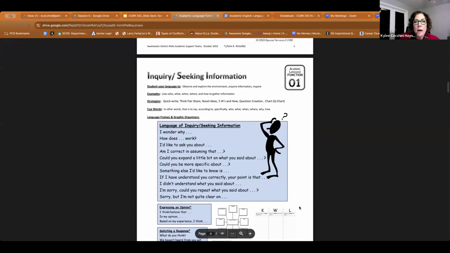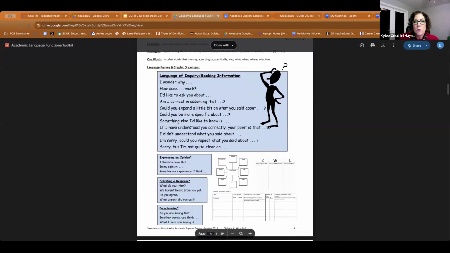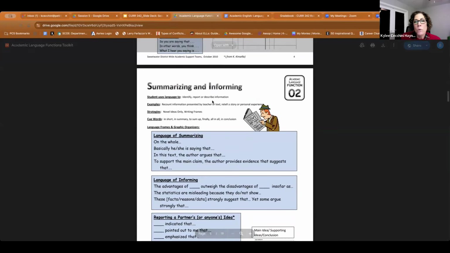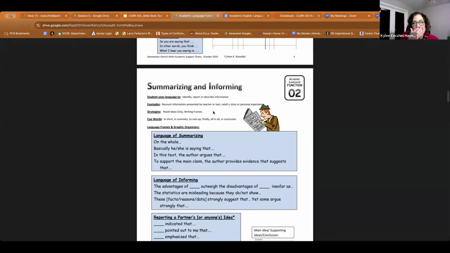Let's say you're going to have your students, actually I'm going to go here, summarizing and informing. So students are going to describe, let's say, that's one of our language functions. They're going to describe, and maybe retell a personal experience. Some strategies we can use for them are writing frames.